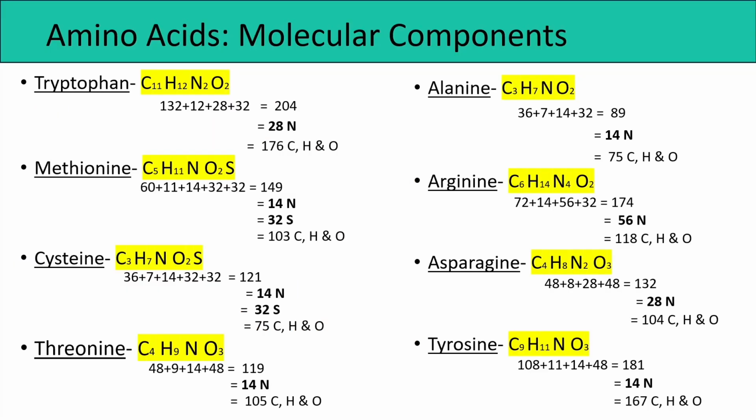As we get into the composition of amino acids, now we're introducing an additional molecule, either nitrogen or sulfur. And so you look at tryptophan, 11 carbons, 12 hydrogen, 2 nitrogen, 2 oxygen. And so as you look at the molecular weight, it's 204. 176 of that is carbon, hydrogen, and oxygen. 28 is the nitrogen component.